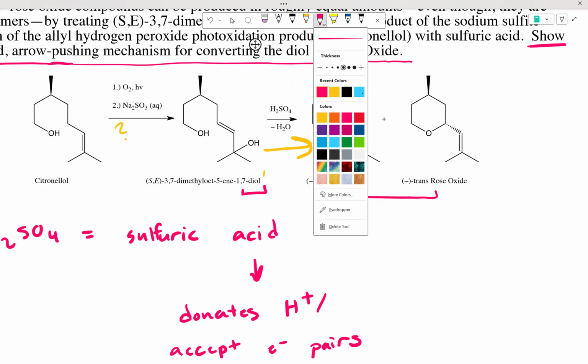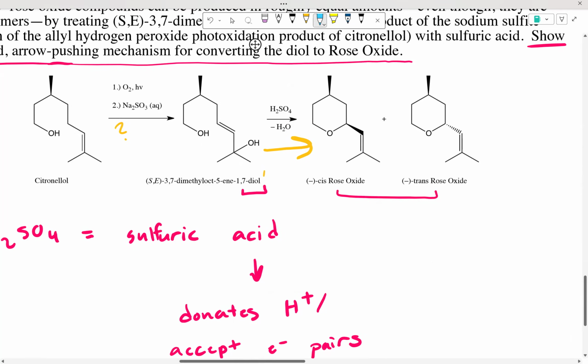Well, we see that there's no H here. There's an alcohol here, but there's no alcohol in the product. You can also see that there's an H here, but there's no H here. In place is just a bond. You can also see that the pi bond was moved down.